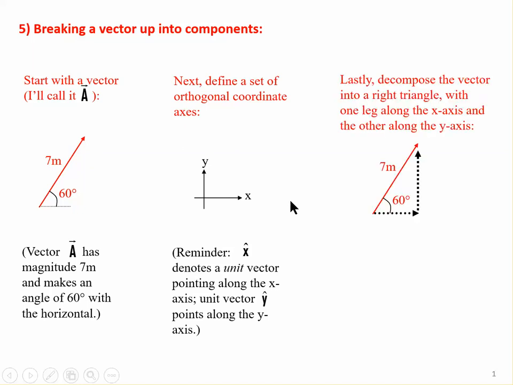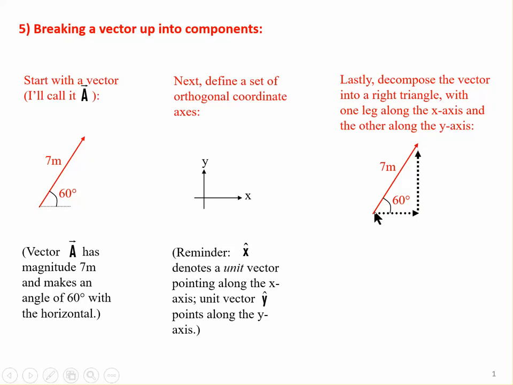So here's what we do. I want to write this vector, the vector A here, this red one, as the sum of this vector plus this vector. We previously learned about how you add two vectors, and you see how these two black vectors here, this one that moves along the x-axis and this one pointing along the y-axis, when you add them together, they give you this red vector.